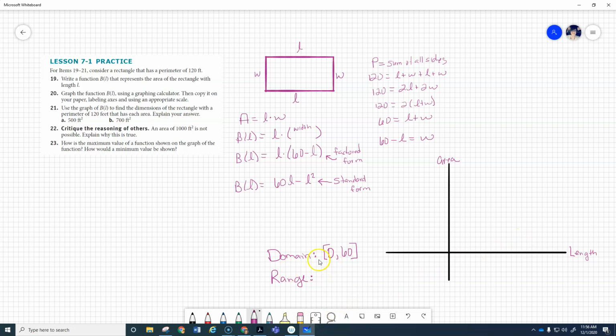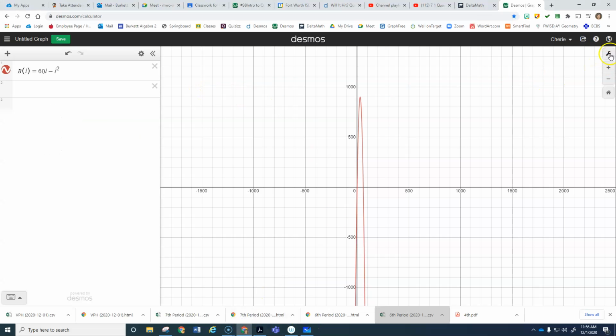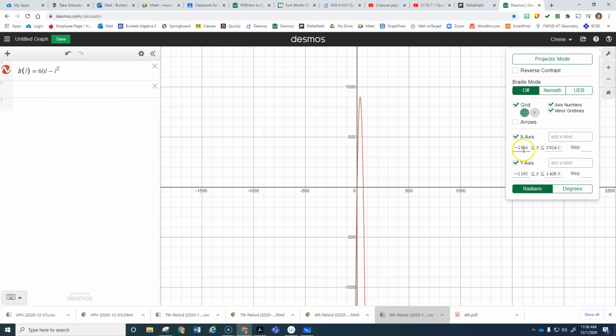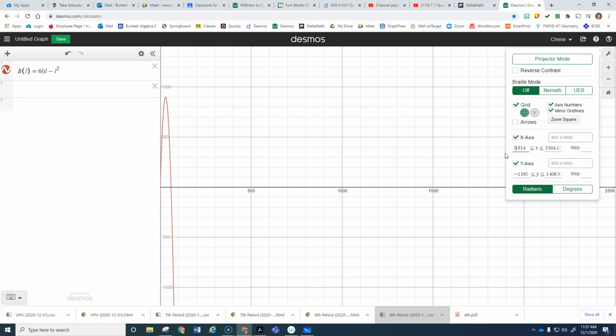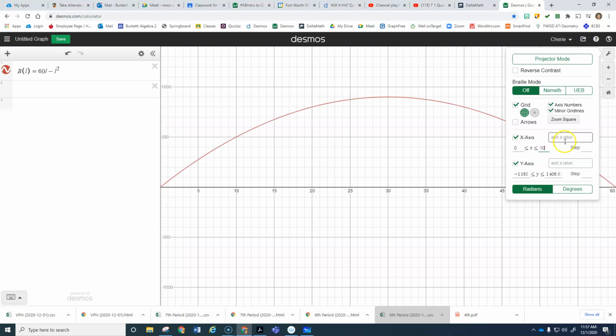Why do we need to? Did they ask me to write that down? No, they didn't. However, if I have that information over here, that makes it super easy to go over here and tell the x-axis, hey, I only want to see 0 to 60. Now, you might want to give yourself a little bit of cushion.